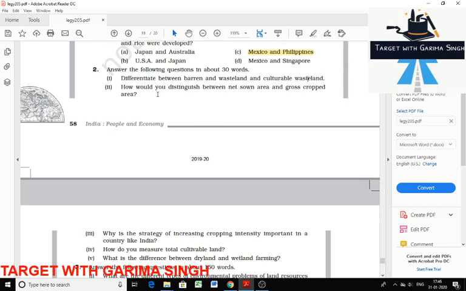Then second, how would you distinguish net sown area and gross cropped area? So net sown area, the physical extent of land in which crops are sown and harvested in a year, is known as net sown area. Basically, this is the area actually cultivated. Then gross cropped area, the total area cultivated once, twice, or multiple times in a year.